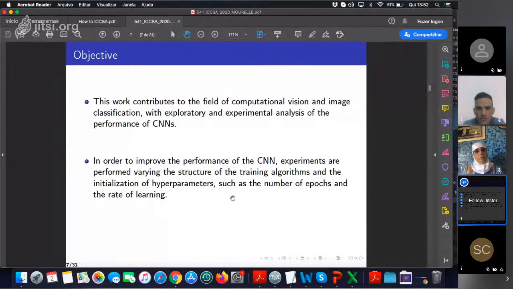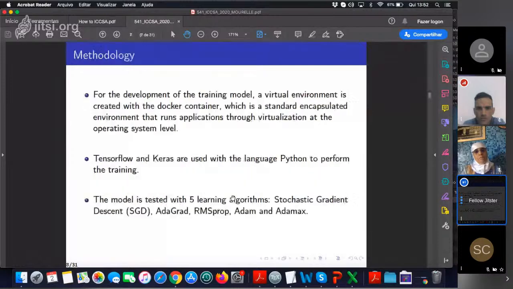So our methodology. For the development of the training model, a virtual environment is created with a Docker container, which is a standard encapsulated environment that runs applications through virtualization at the operating system level. We use TensorFlow and Keras with the language Python to perform the training.